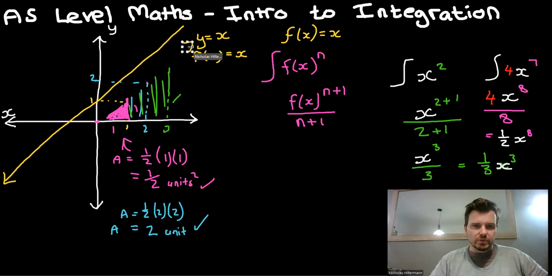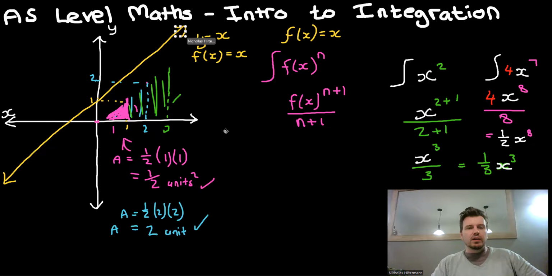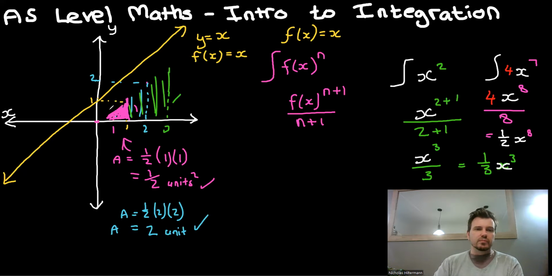Okay, so notice that when I shift the graph up by 1, we suddenly have this new area under the graph.